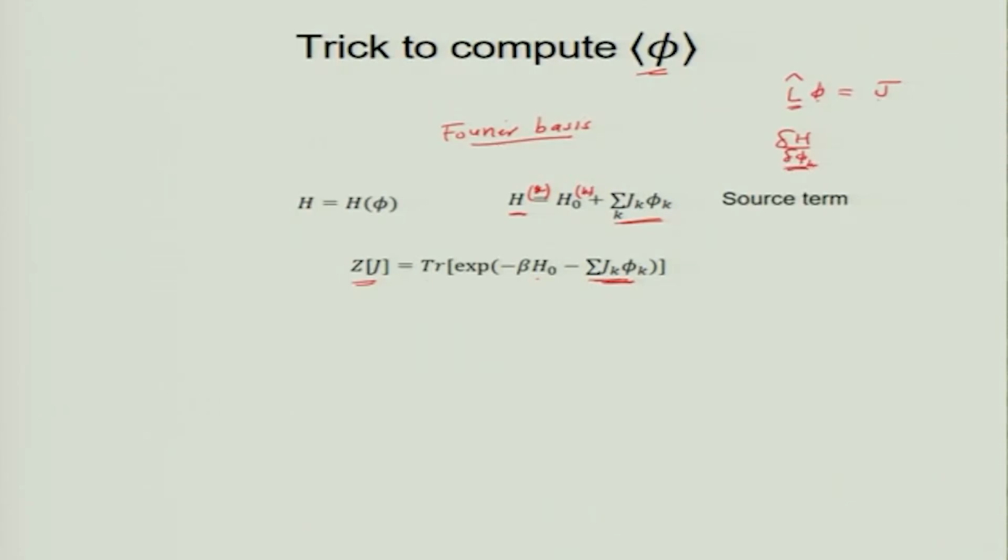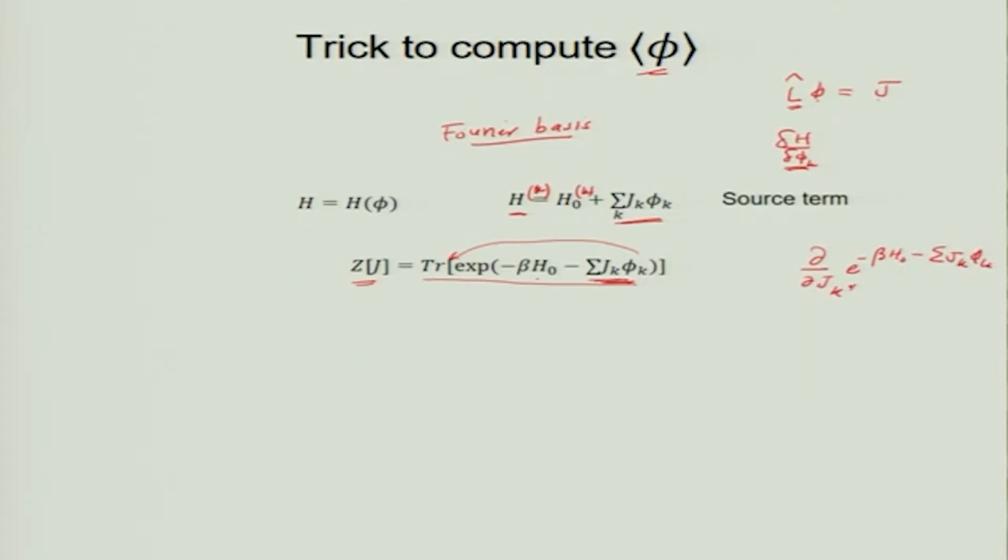Now, I want to get phi_k out. What should I do? This is a very interesting trick. Take the derivative of this function with respect to j_k. What will I get if I take a derivative with respect to j_k of exponential minus beta h naught minus j_k phi_k?